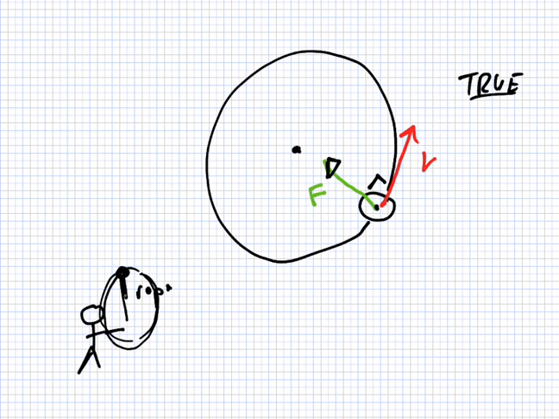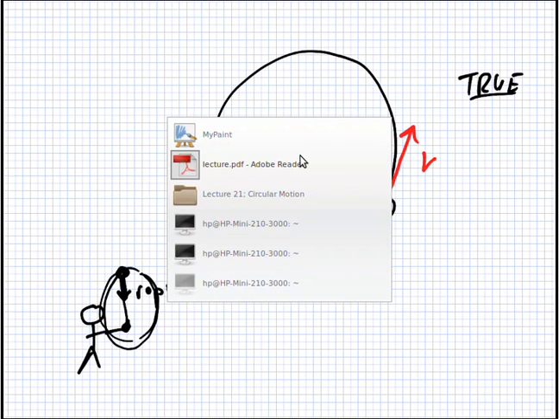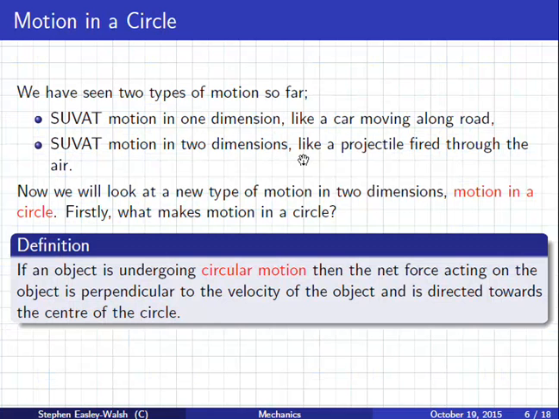The force is always to the center, where his hand is. You're swinging something around, and the force always goes towards the center. This definition has been asked in the exam, so please write it down carefully. In the exam they might say, what causes circular motion?